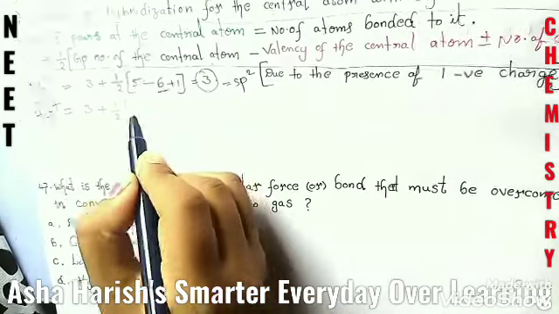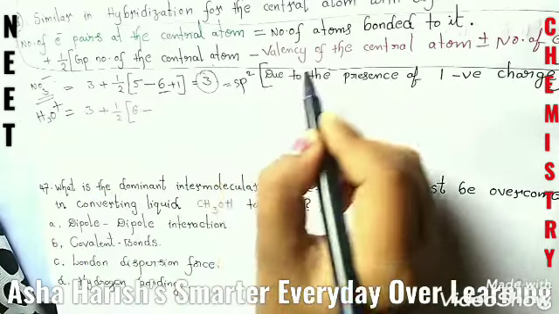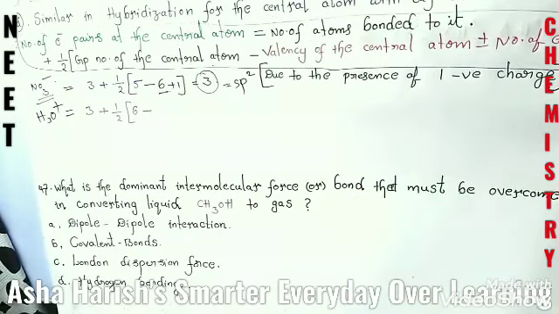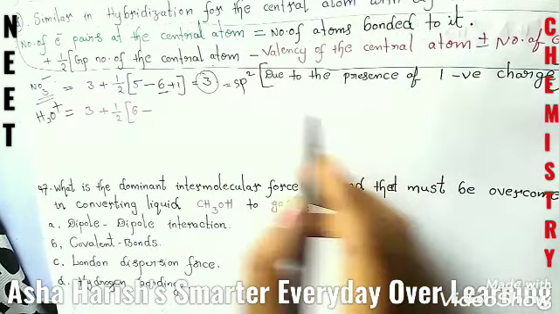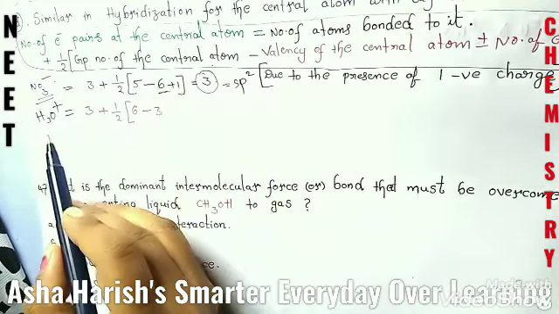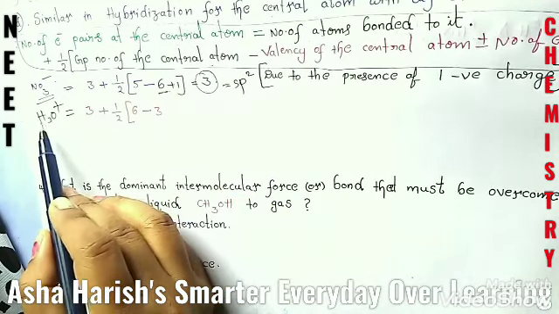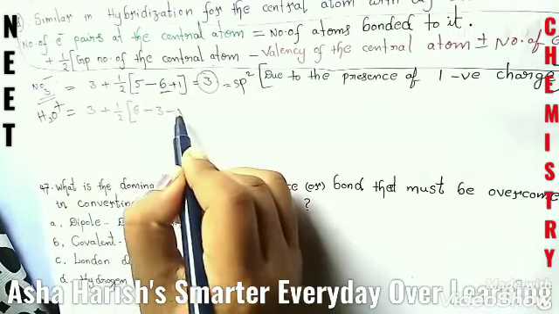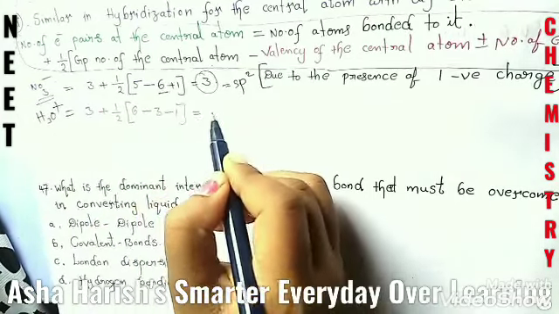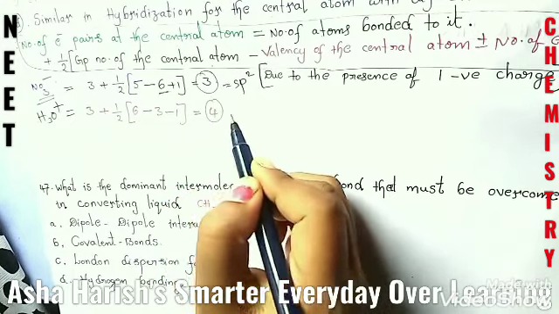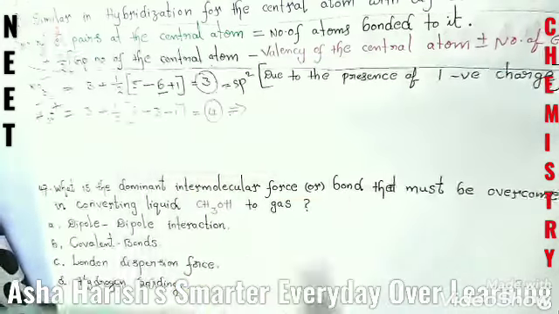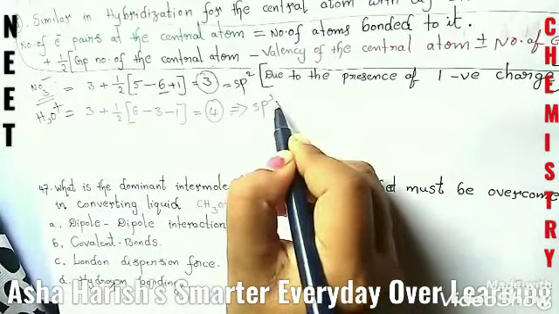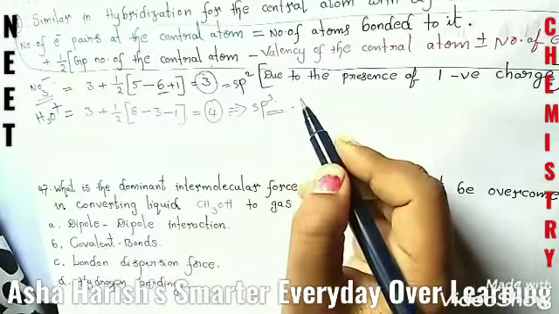Oxygen is the central atom here, so 6 minus the valency of the central atom, that is 3. Why? Because it forms 3 bonds with these hydrogens. Then you take 3 plus 1, so you subtract 1 from this, and the final number is 4. If it is 4, the hybridization is sp3, right? sp3 hybridization.